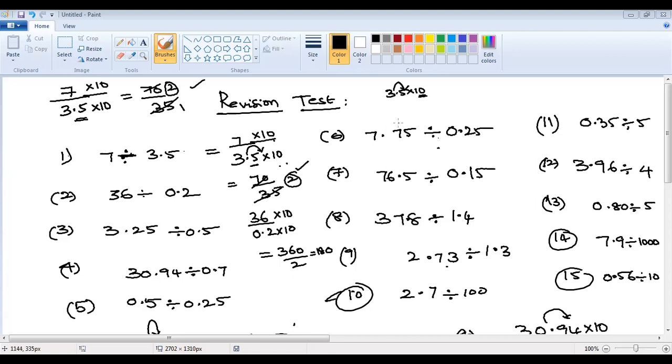In the sixth one, there are 2 decimal places in the numerator and 2 in the denominator. So equal number of decimal places are there, which means you just neglect the decimal point and do normal division. 775 divided by 25. Because the number of decimal places on numerator and denominator is balanced, you just neglect the decimal places and do normal division.